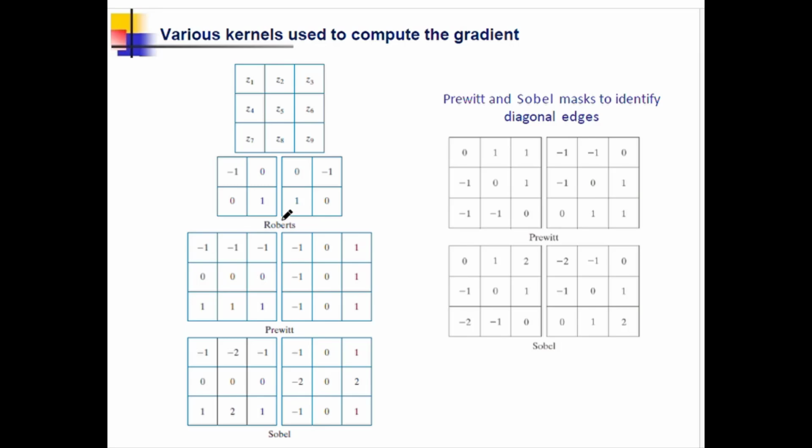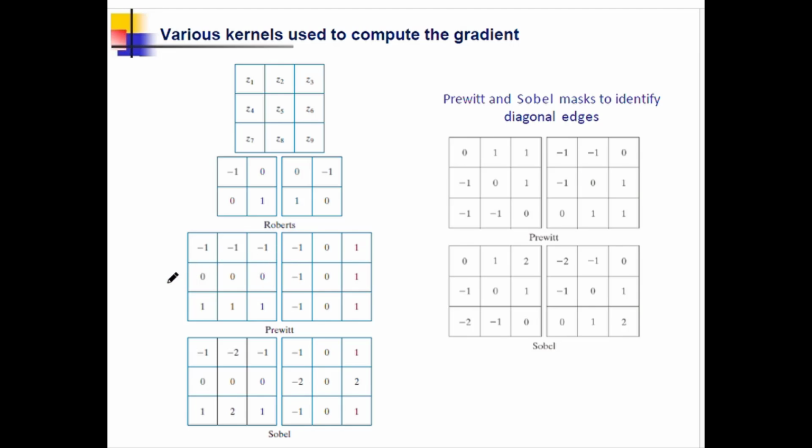If you want more efficient edge detection with respect to a center point, what about the edge? Is it nearer to the center or farther from the center? The effective way of edge detection is by using 3 by 3 gradient operators like Prewitt and Sobel. See the Prewitt: the top row is minus 1, the bottom row is 1, and the center is 0. If you apply this kernel on the image, this is Z7 minus Z1, then Z8 minus Z2, Z9 minus Z3.